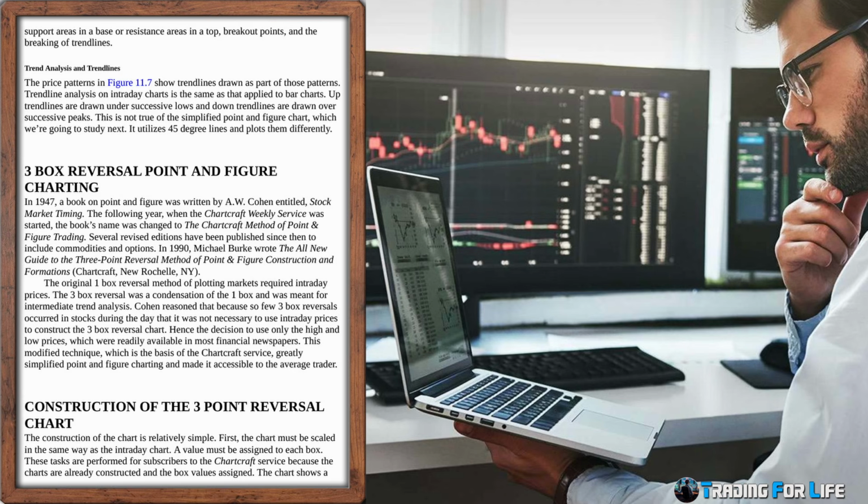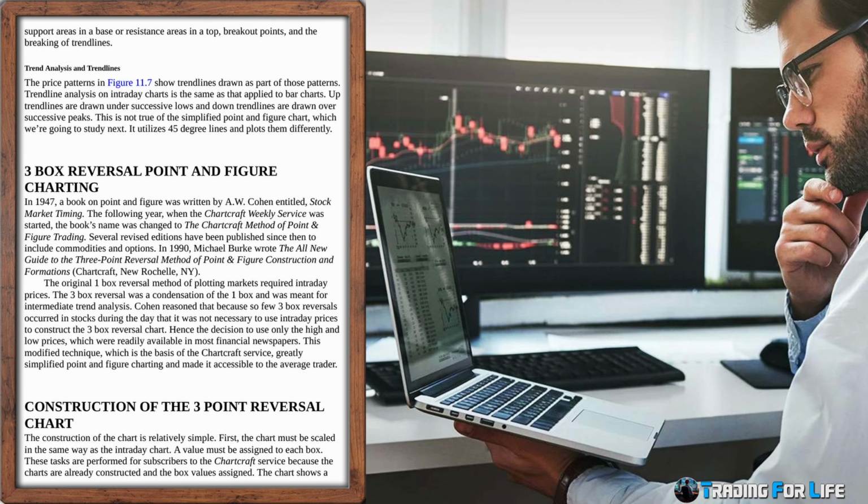In 1990, Michael Burke wrote the all-new guide to the three-point reversal method of point and figure construction and formations, Chartcraft, New Rochelle, NY. The original one-box reversal method of plotting markets required intraday prices. The 3-box reversal was a condensation of the 1-box and was meant for intermediate trend analysis.